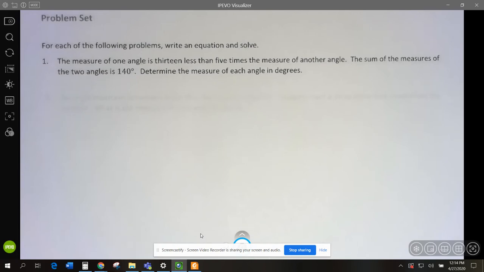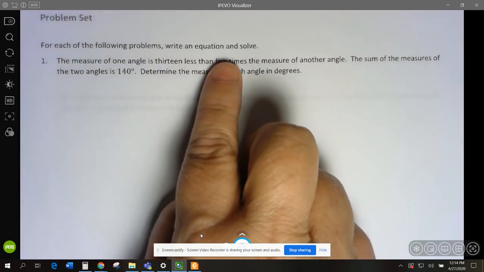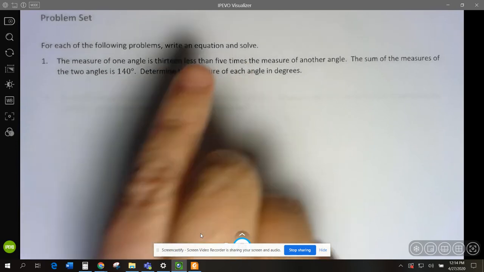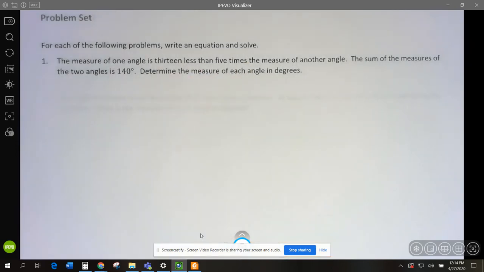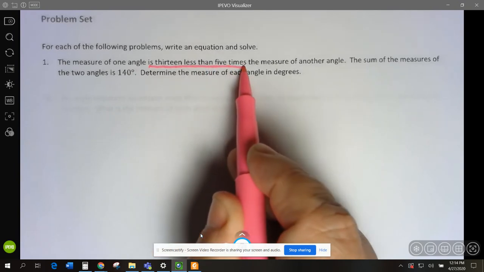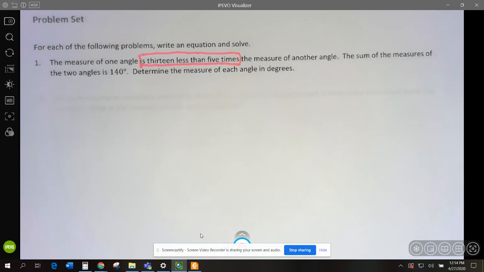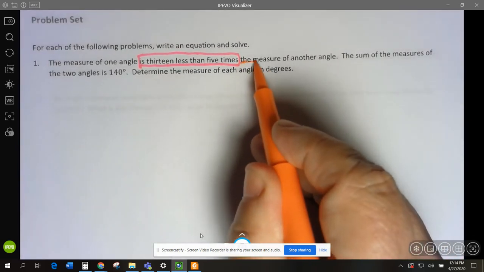This is all going to be writing and solving equations in terms of geometry. Our first question says that the measure of one angle is 13 less than 5 times the measure of another angle.